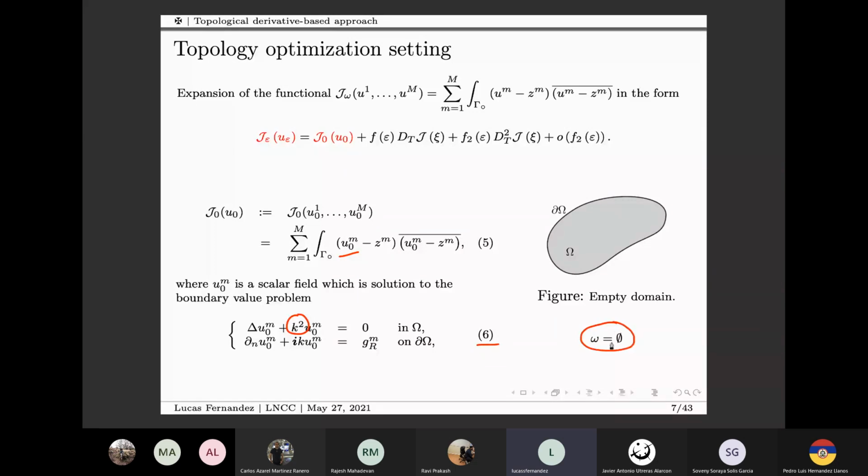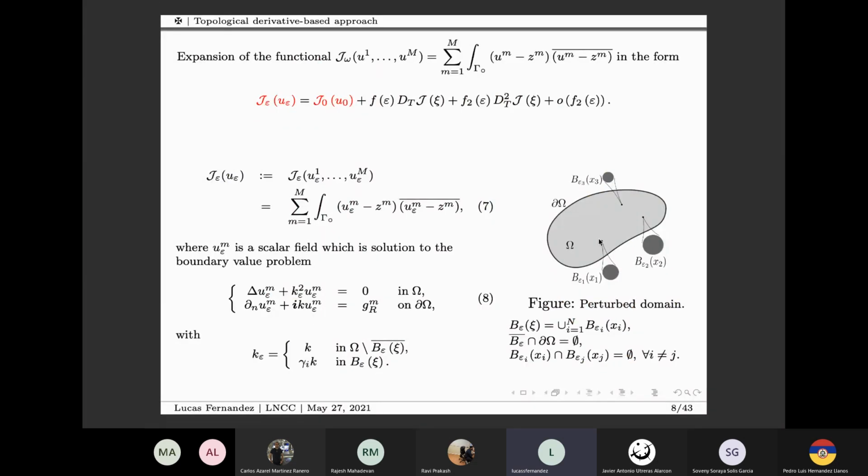In other words, jo is the shape functional associated with the unperturbed domain. This domain is then perturbed by a finite number of small circular inclusions. So I have the topologically perturbed shape functional given by expression 7, and it depends on the scalar field u epsilon, which is the solution to the boundary value problem 8.